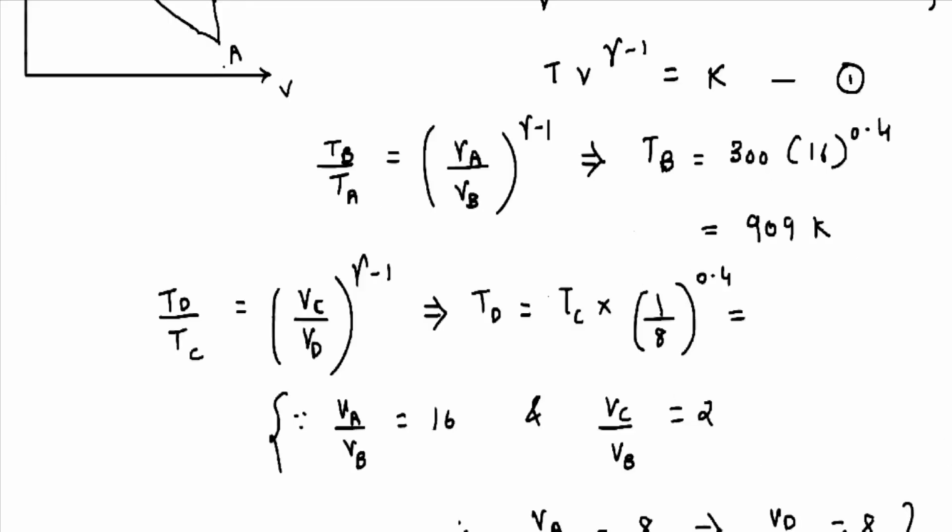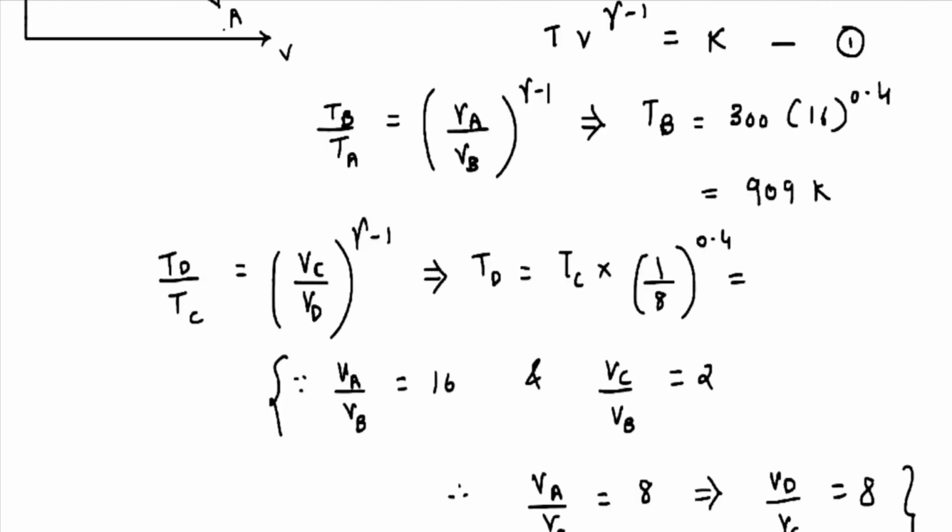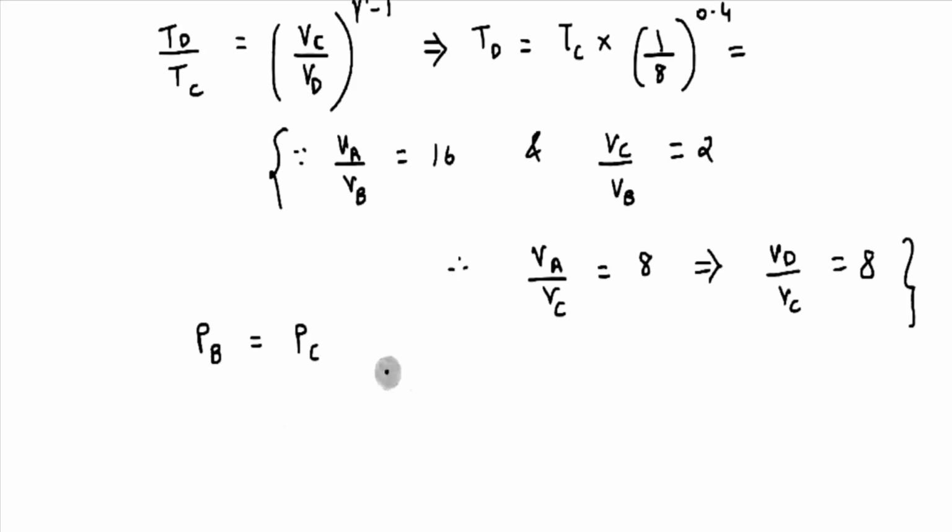Now to calculate TC, the pressure at B and the pressure at C are equal, as the process is isobaric from B to C. Therefore VB by TB equals VC by TC.